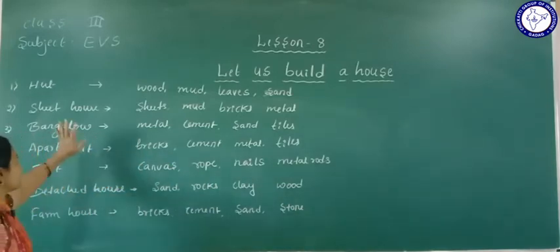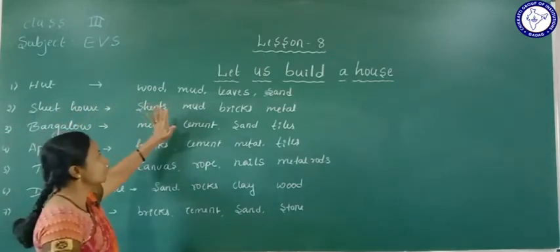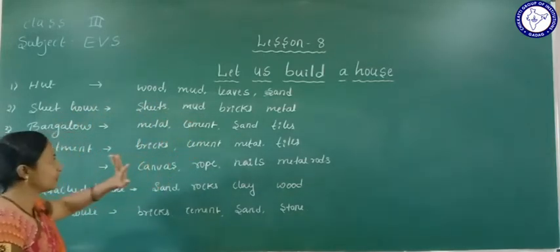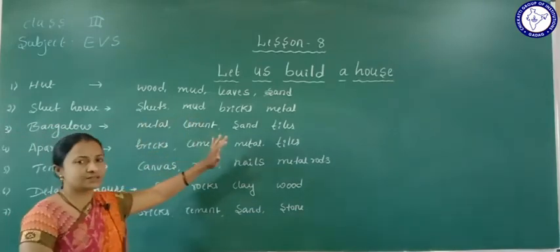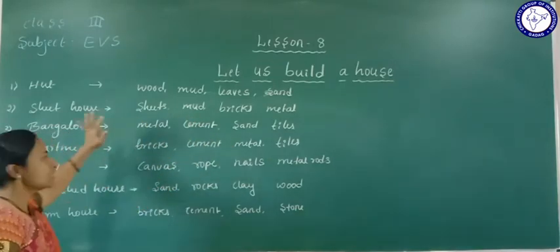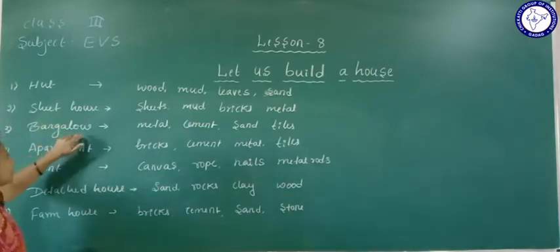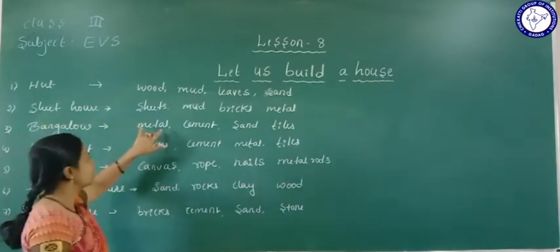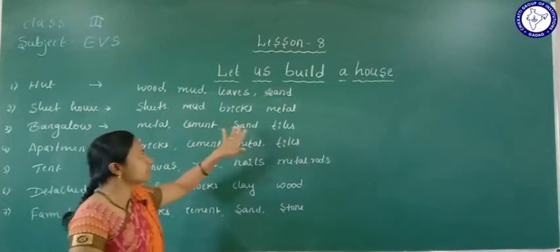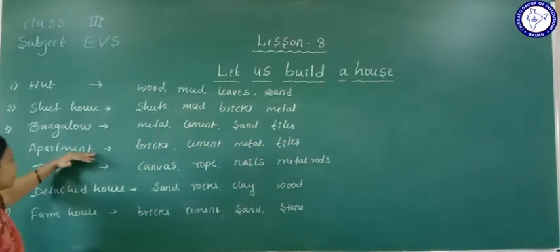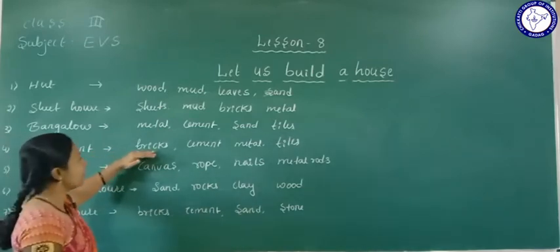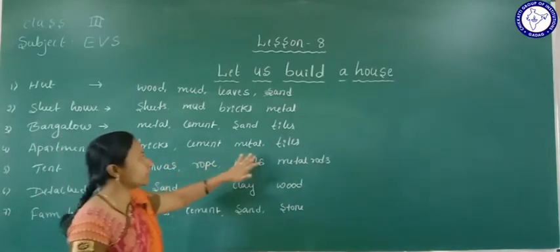See here, for the hut we use wood, mud, leaves and sand. For the sheet house we use sheets, mud, bricks and metal. Next, the bungalow: metal, cement, sand and tiles. The apartment: bricks, cement, metal, tiles.